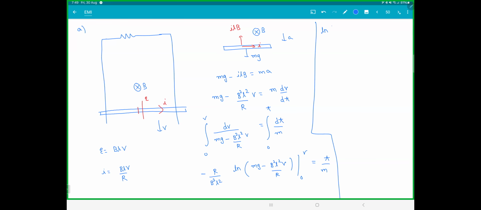You'll end up with ln of 1 minus B square L square V by mgR is equal to minus B square L square T by mR.